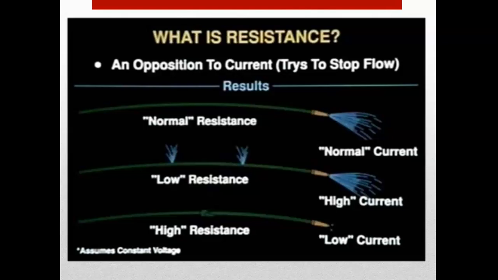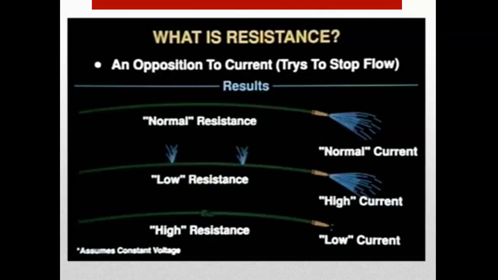Current is a flow or movement of electrons along a conductor in a closed circuit. Resistance is the frictional force that opposes the flow of that current. Current and resistance have an inverse relationship, so the lower the resistance, the higher the current. The higher the resistance, the lower the current.